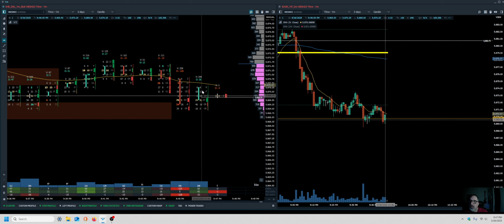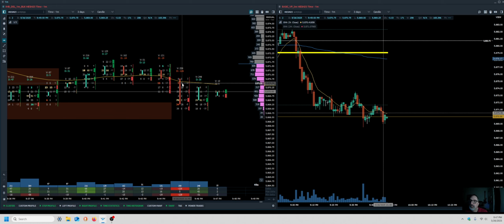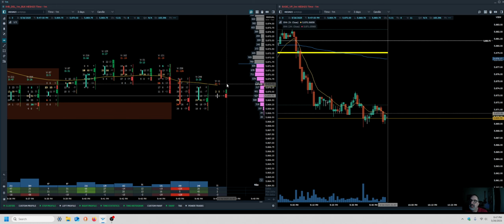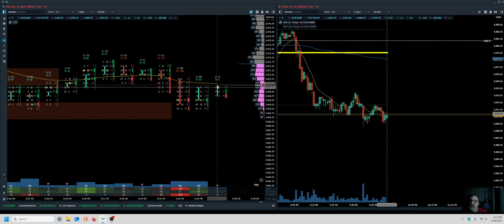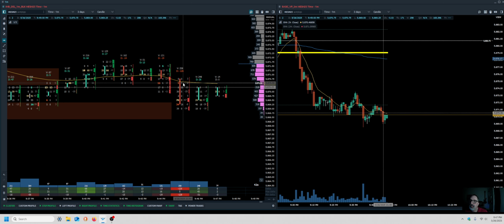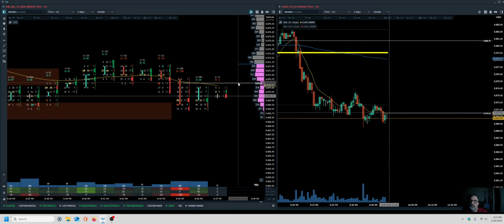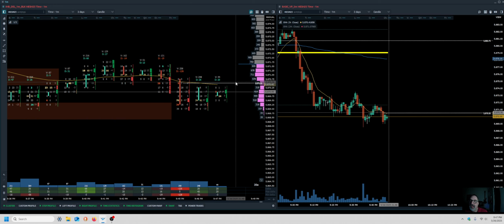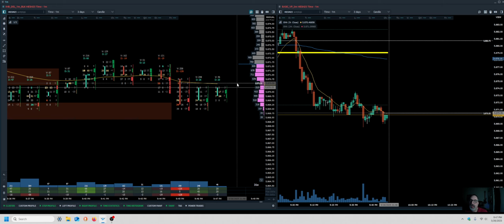There are no imbalances here. Well, this actually makes sense because we have a 9 EMA here. Let's see. So if I put a line here like we have an order, we have to hit the order and go above it in order to get filled on a limit order.